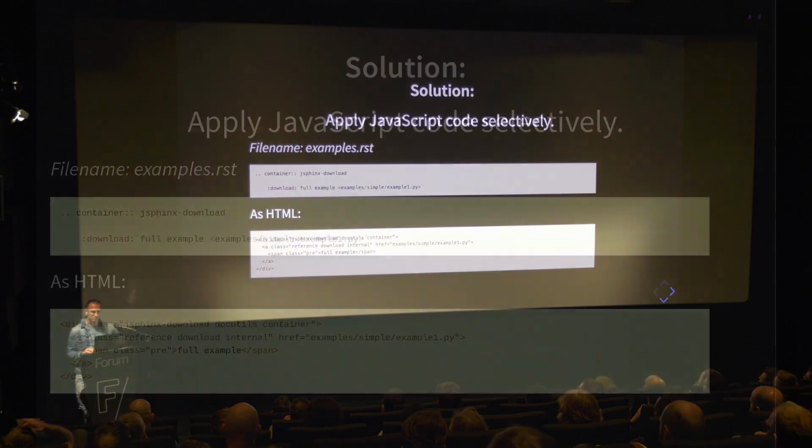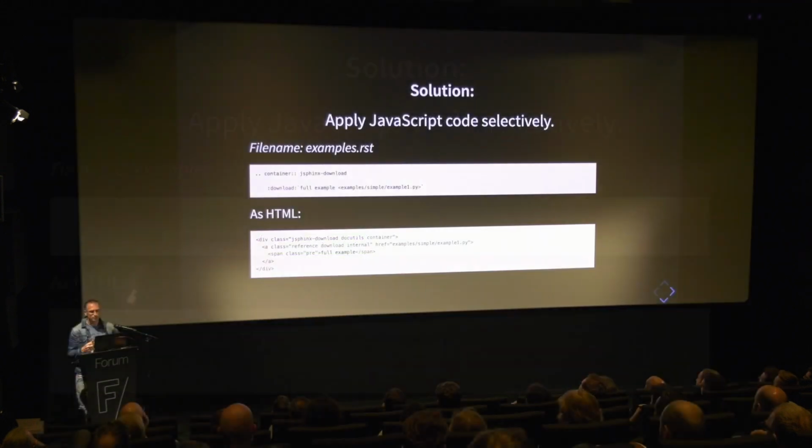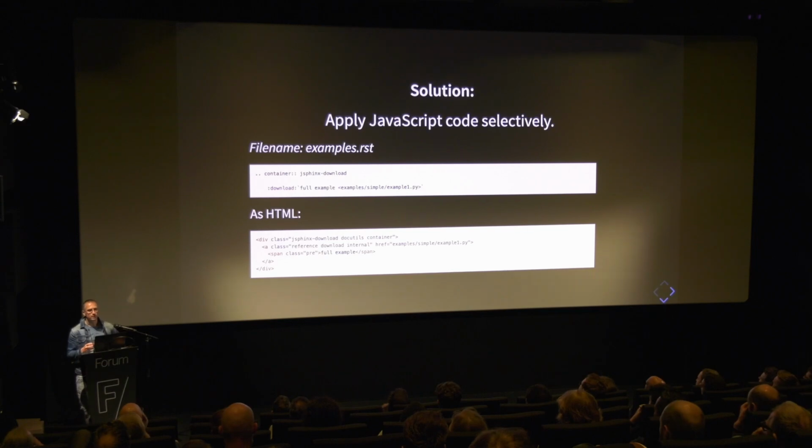One of the solutions that I found is that Sphinx also has this container directive, which simply wraps your code with another class, and then you can execute your JavaScript selectively. So only links that you wrap in this container with a class JSphinx download will have the JavaScript applied to that code only.